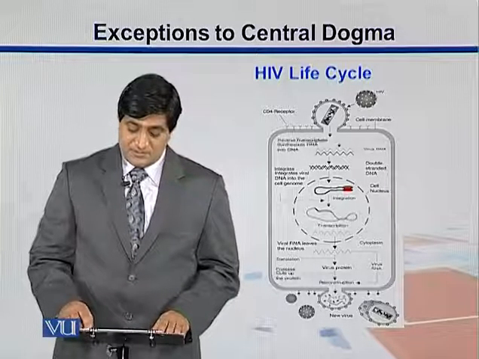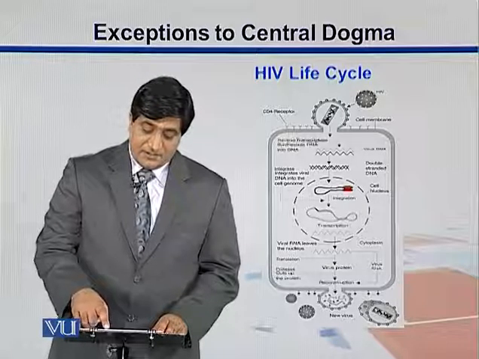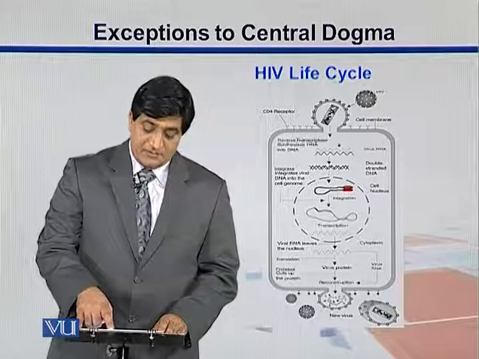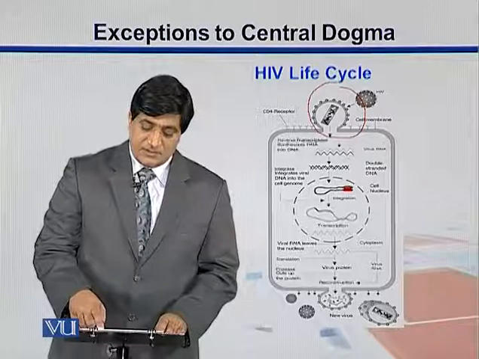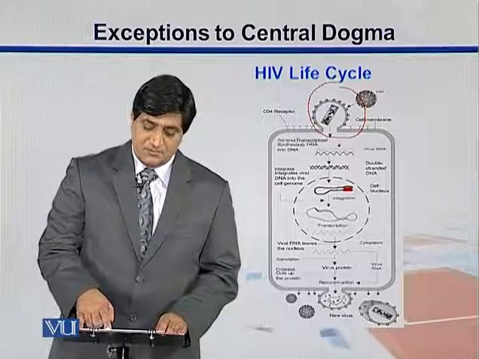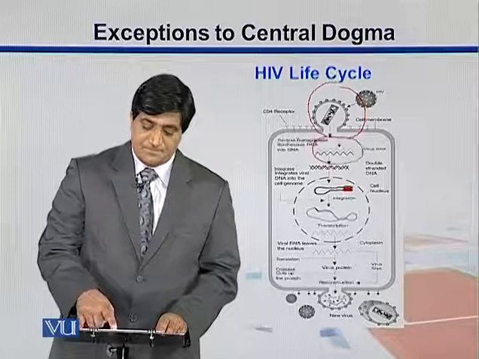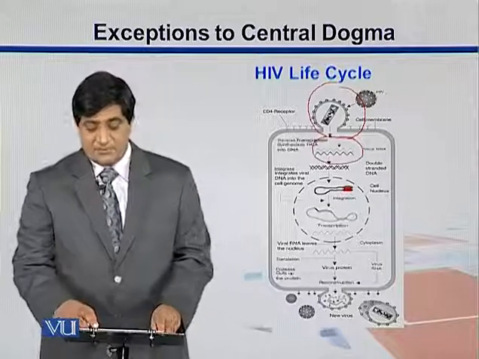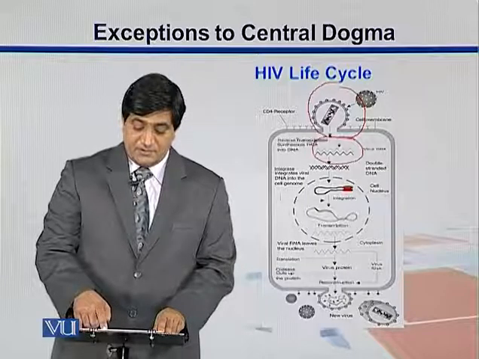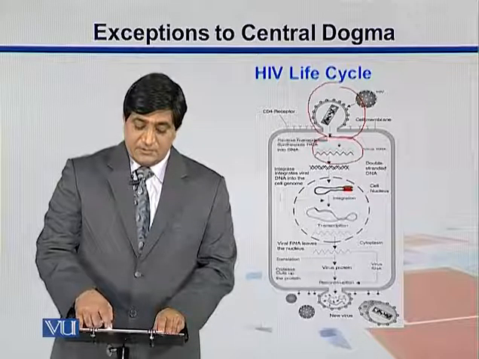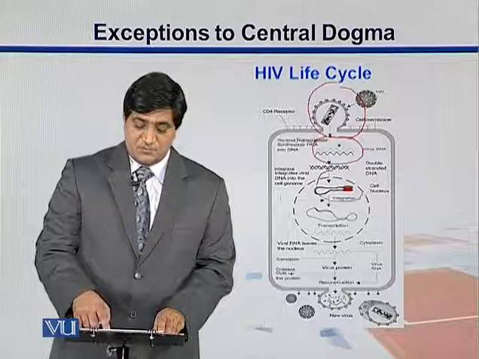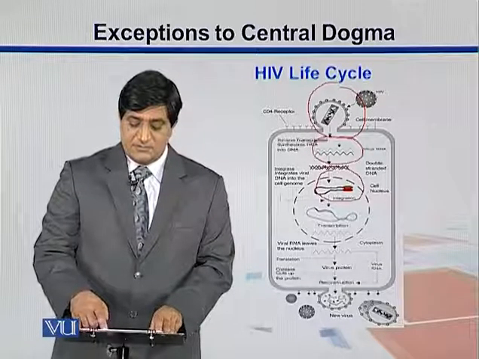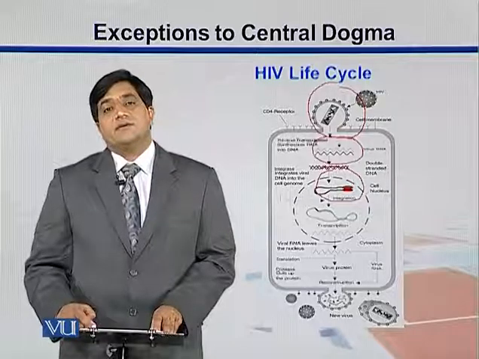Here, as we see in this diagram, this HIV incorporates into a cell. It contains RNA in it. This RNA then gets converted into DNA. That process is reverse transcription. Then this molecule gets integrated into the nucleus, into the main chromosome, where it replicates, and then obviously it transcribes.